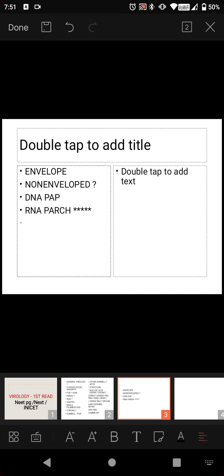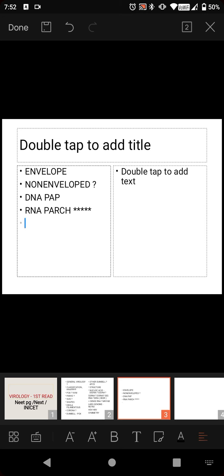Then coming to the steps involved in viral replication.